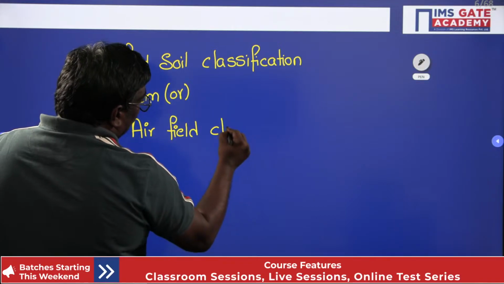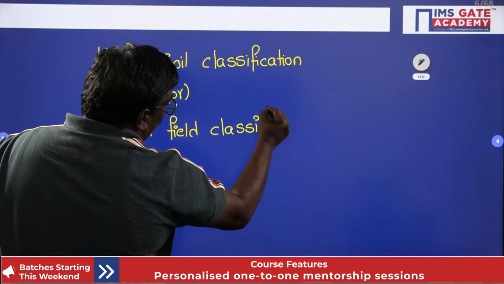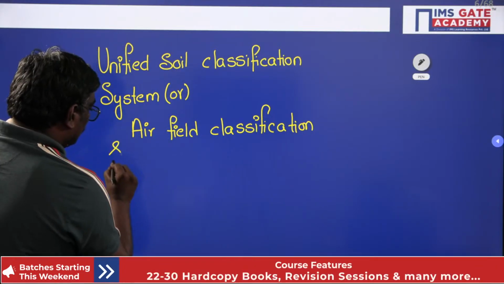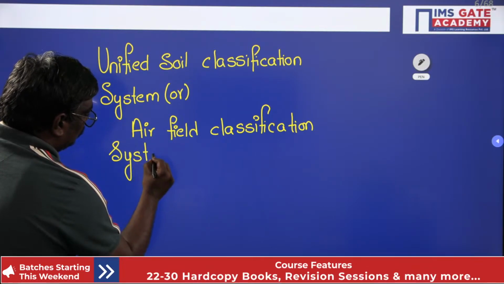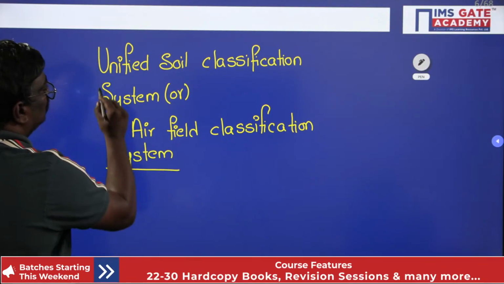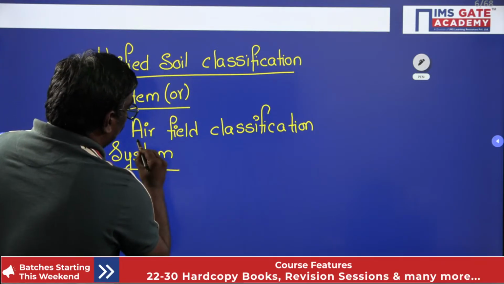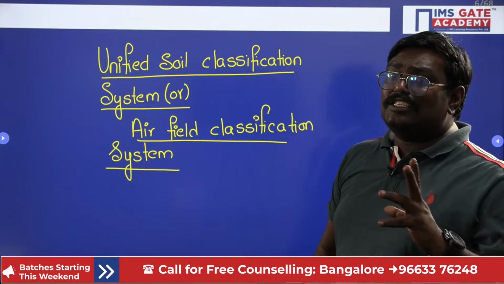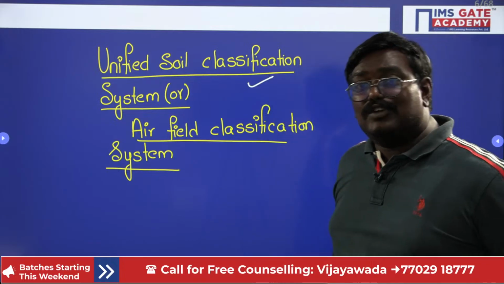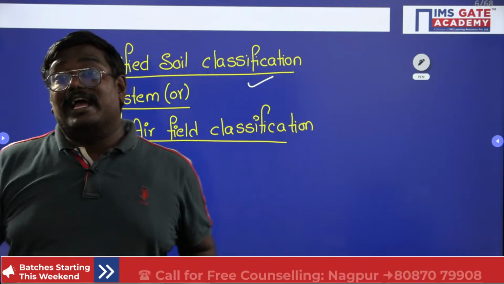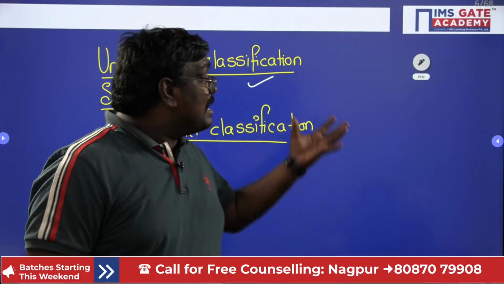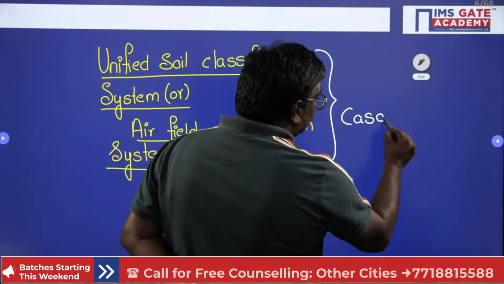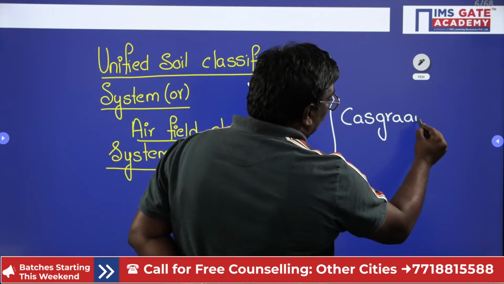Airfield Classification System. So here, the first system is the Unified Soil Classification, also known as the Airfield Classification System. And this system was discovered by Casagrande.